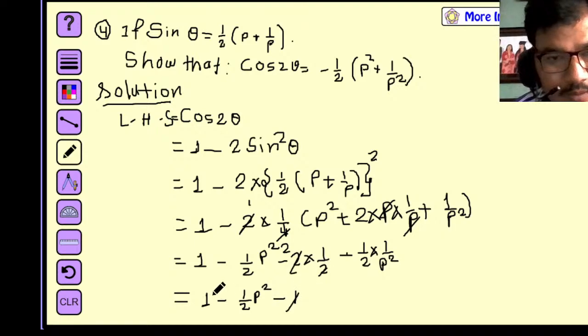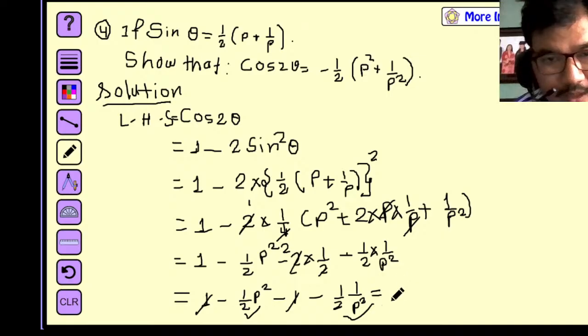This minus 1 and this plus 1 cancel to 0, and minus 1 by 2 into 1 by p square. Now children, look here, only these two terms are remaining. What is the same here and here? Minus 1 by 2 is the same, so take minus 1 by 2 common.